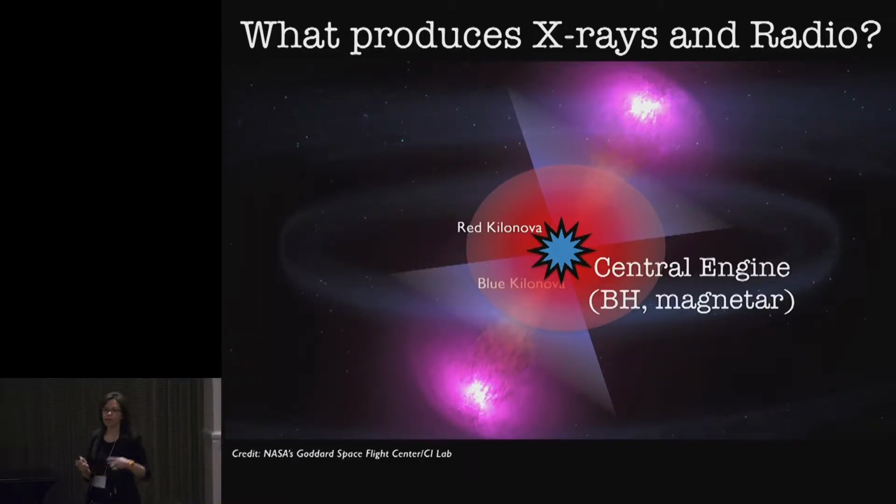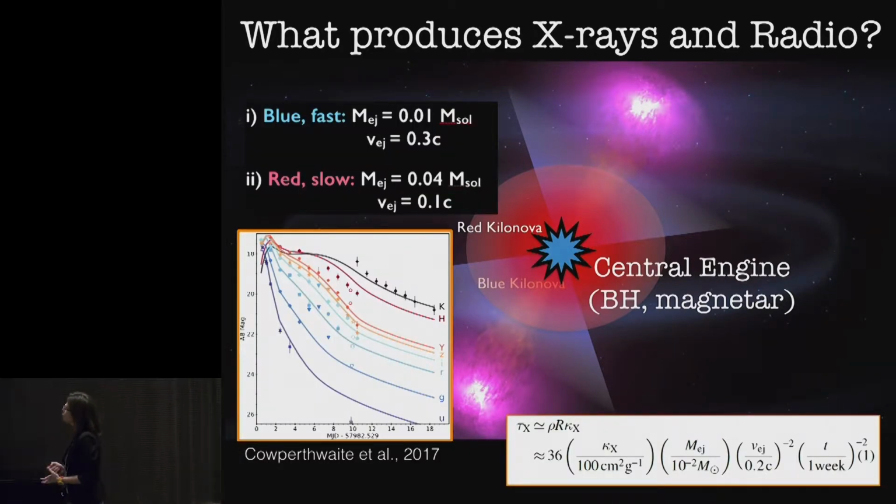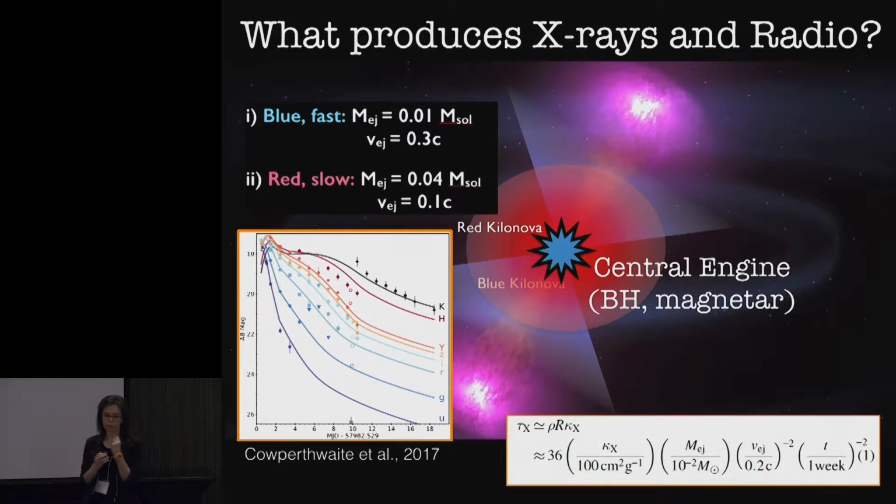So let me just start from the central engine. I'm going to discuss central engine emission, and then I'll move into the ejecta interaction properties. If you do numbers, the central engine might have produced radiation from inside the kilonova, the kilonova that Brian just discussed.